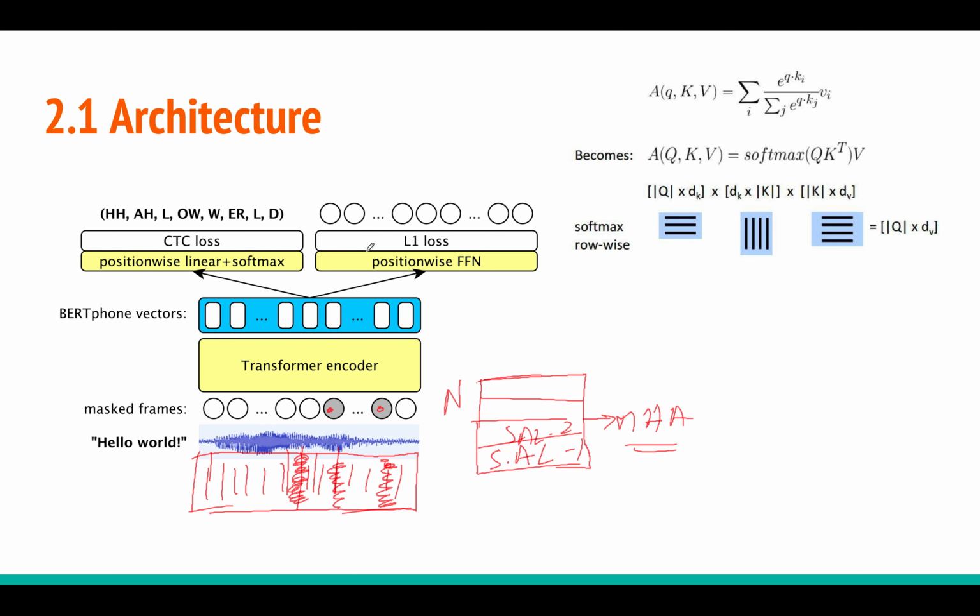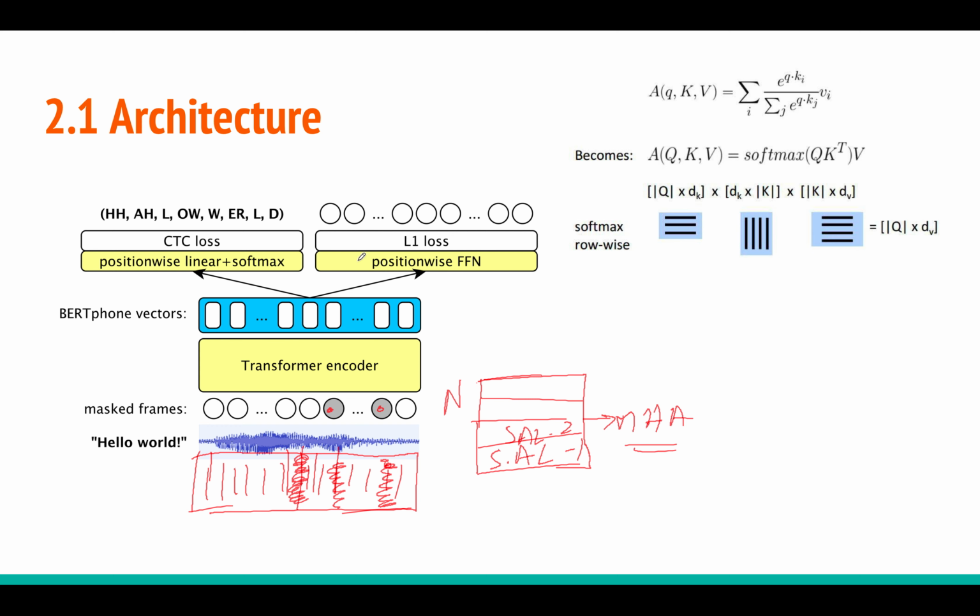Like when you are a kid and you go to school, they give you tasks like fill in the blanks, guess the words. That is the intuition of the paper. So you are trying to understand the context by predicting the fill in the blanks, and in this case, the fill in the blanks are these frames. So that is the whole idea of the BERT model.